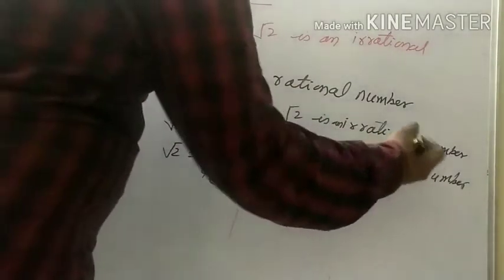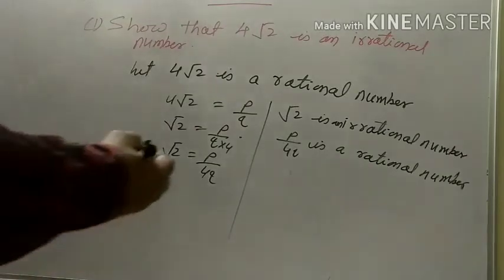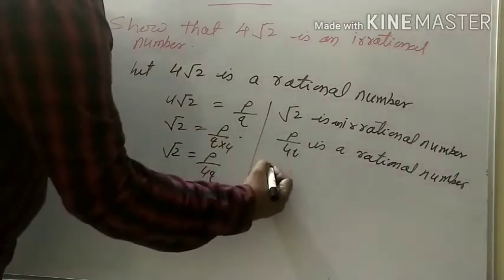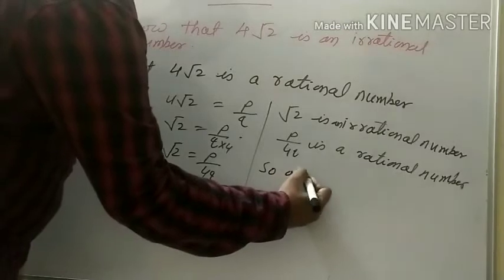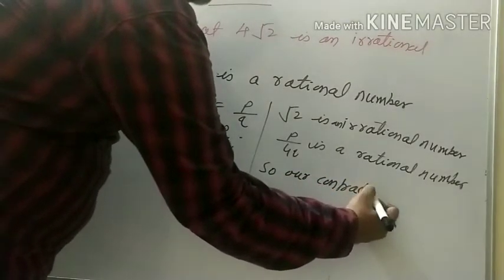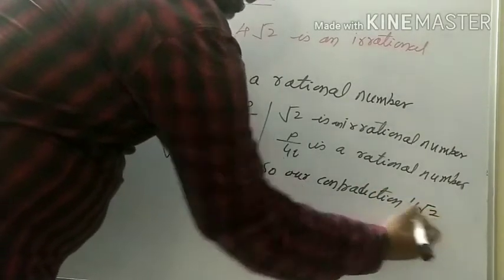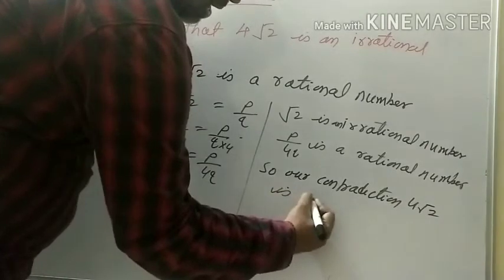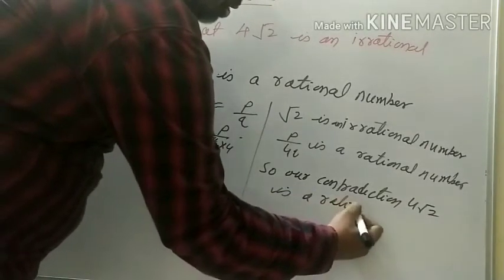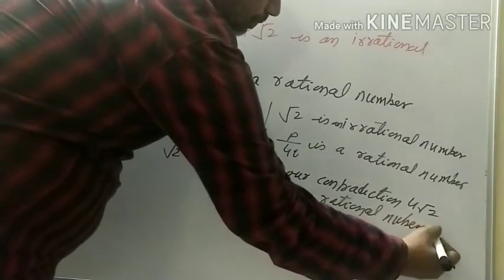So this is our contradiction, so our assumption that 4 root 2 is a rational number is wrong.